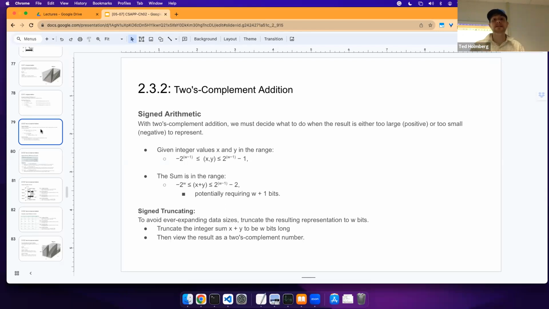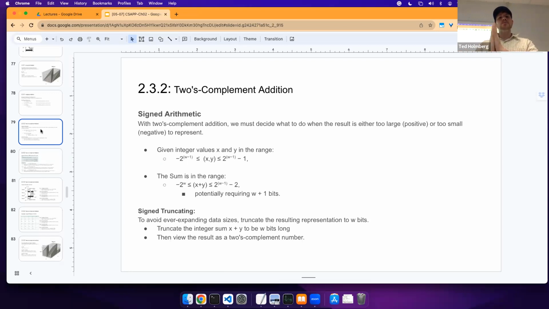So 2's complement addition has to decide what to do when the result is either too large to encode, like the overflow that we just saw with unsigned addition, or when it's too small to represent. That's when it becomes too negative, which is like addition in the reverse order because we have the sign to consider.